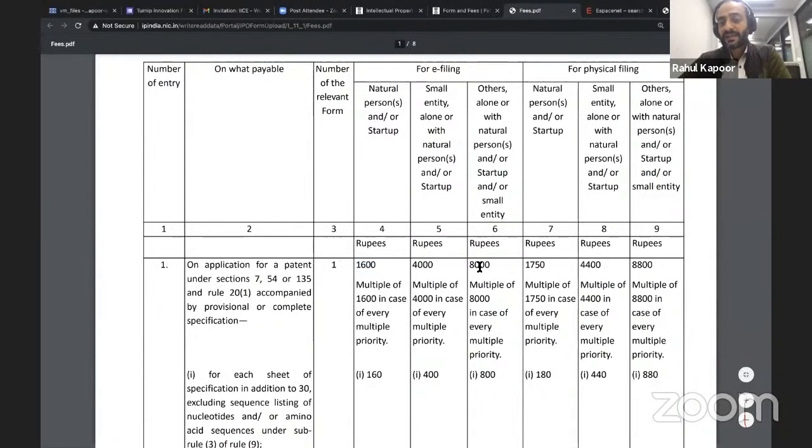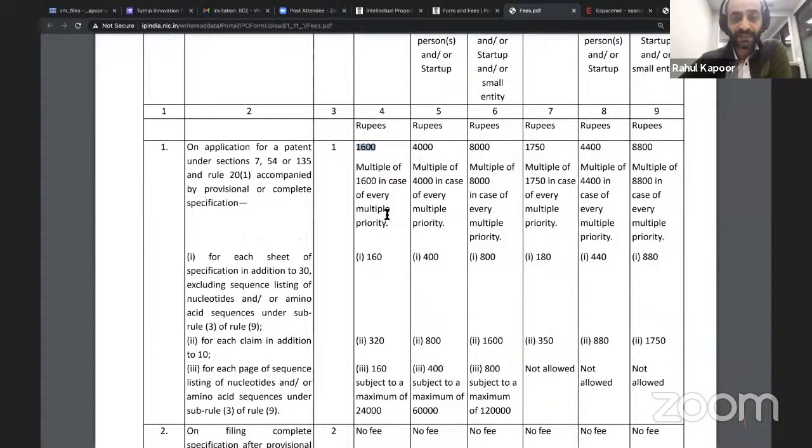Big companies and organizations, like institutes and universities, come in this bracket. So for institutes, it's 8,000. For every fee, it's 5 times more. So basically, government is giving 80% discount. 20% of 8,000 is 1,600 rupees. So they are giving 80% discount to all small entities, startups, and everyone.